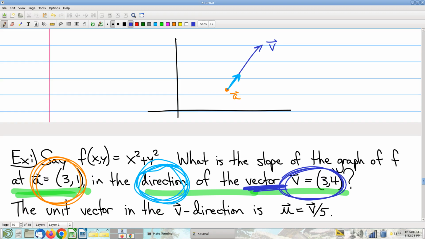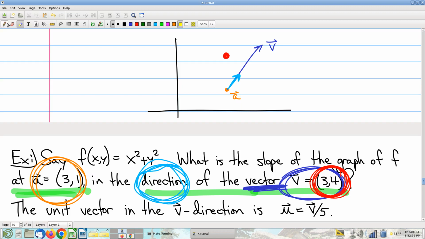Some students, though, mistakenly interpret 3, 4 as a point. Not what it says, right? But if you interpret 3, 4 as a point, that point is about here. And you could imagine if you're interpreting that as the point 3, 4, "direction of" kind of sounds like you're saying toward. Kind of sounds like you're saying toward that point 3, 4.